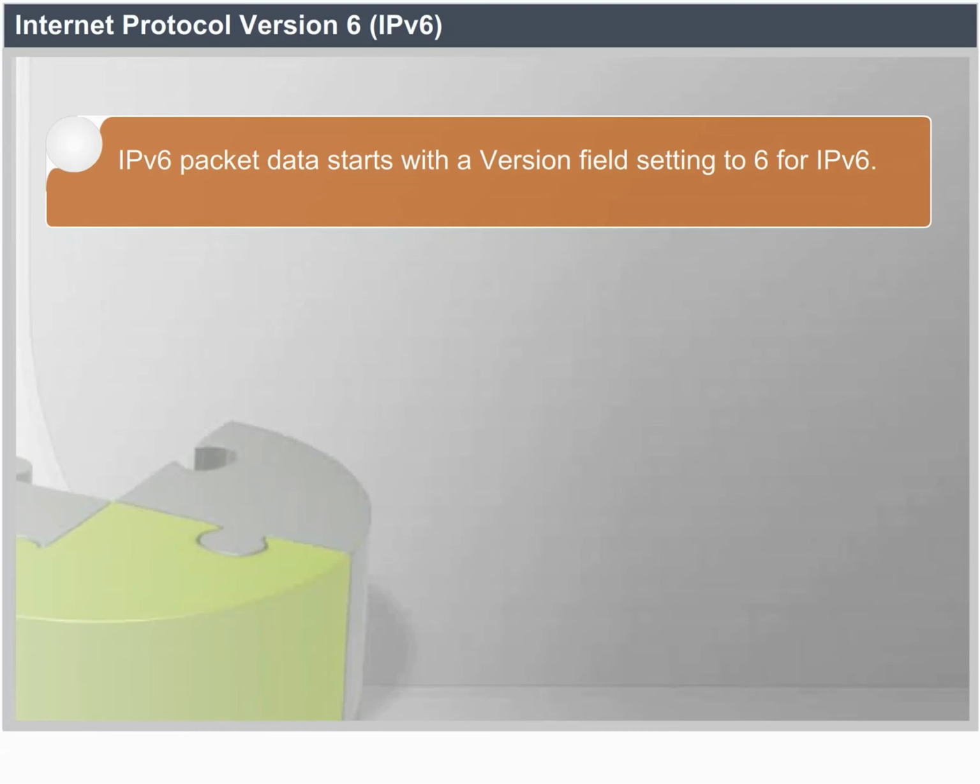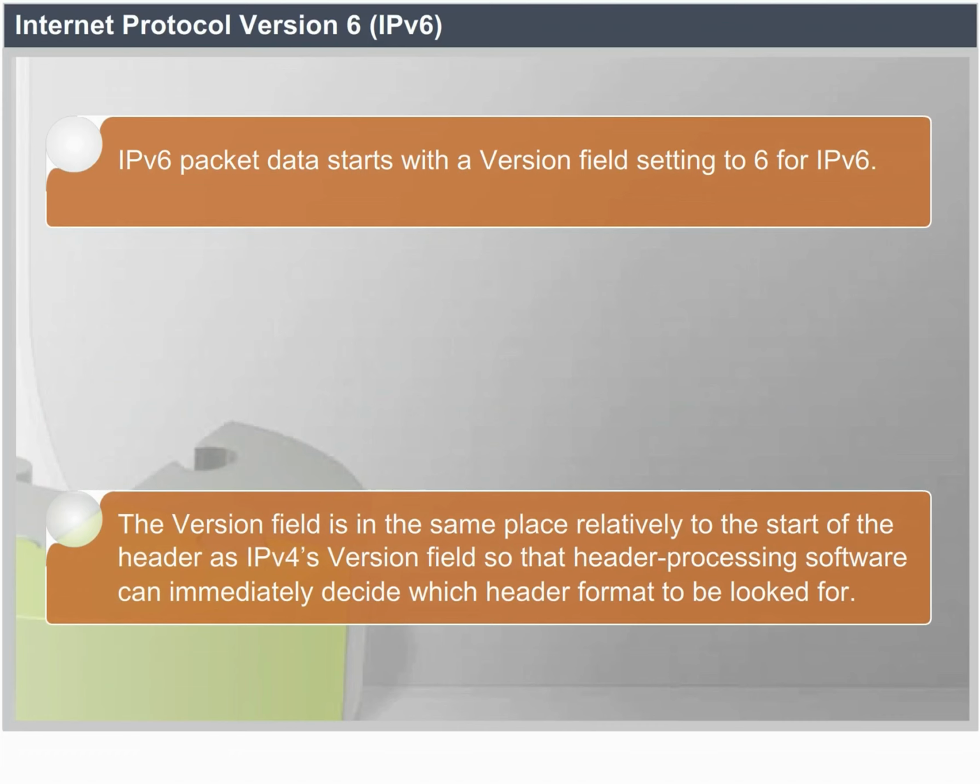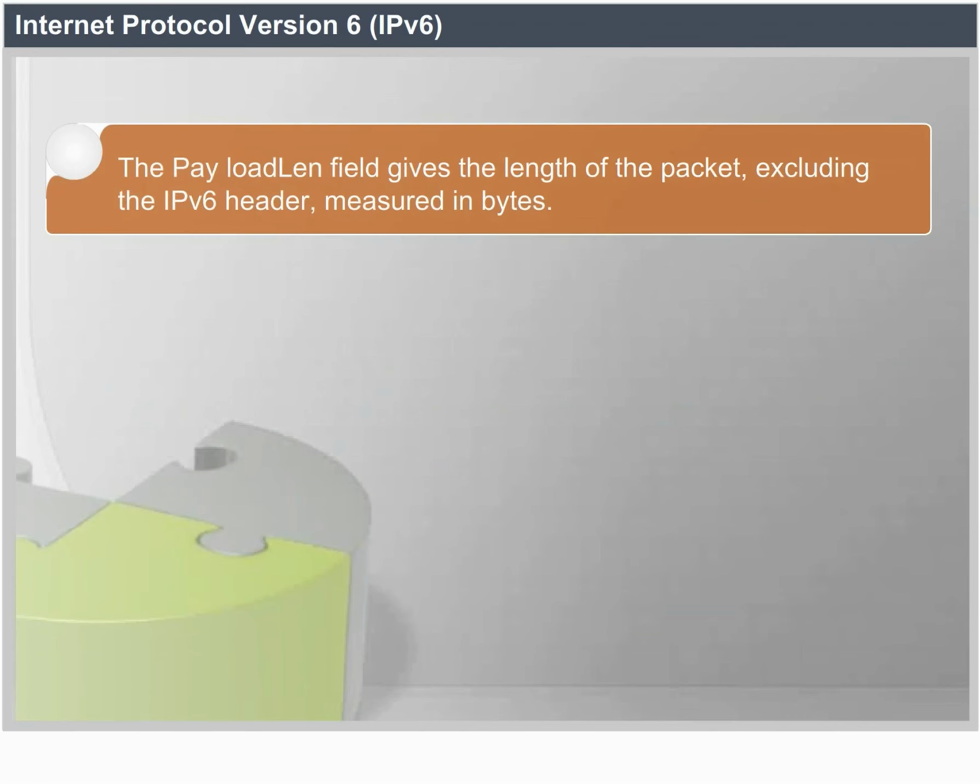The version field is in the same place relative to the start of the header as IPv4's version field, so that the header processing software can immediately decide which header format to look for. The payload length field gives the length of the packet excluding the IPv6 header, measured in bytes.